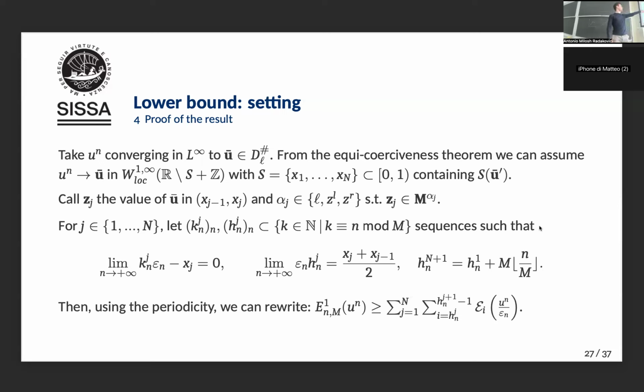Then we will call Kj a particular index that in our discrete setting is approximating in some way xj, and hj will be the index that in some proper way is approximating the midpoint between two singular points. So in this way, looking at the sum between hj and hj plus 1, we can localize the behavior of the energy around each singular point.